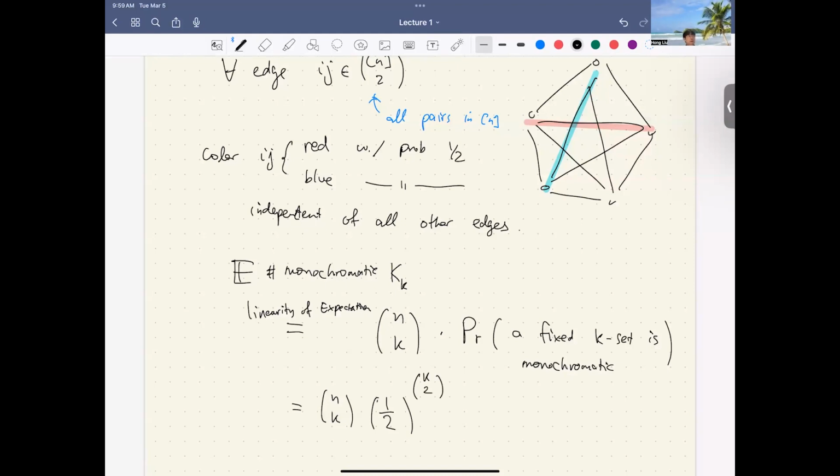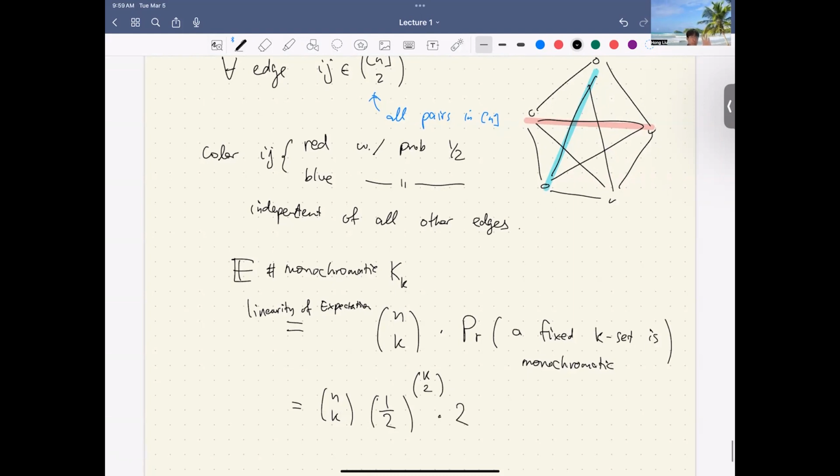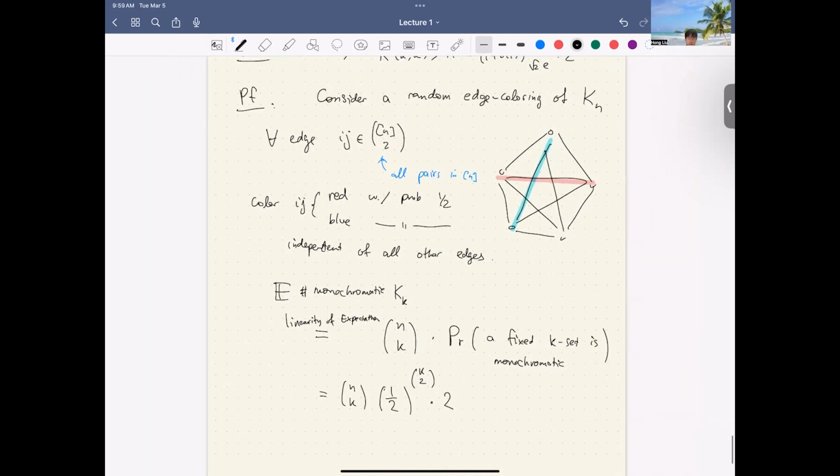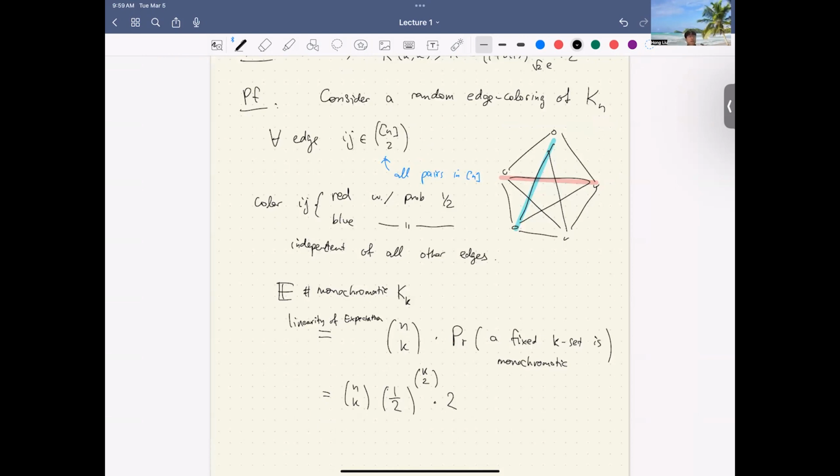And that's the probability that all of it is red, times 2, because it could be all blue, which has the same probability. So far, it's very easy. I didn't do anything magic. I just randomly color it, and I compute the expected number of monochromatic cliques, the expected number of bad configurations.